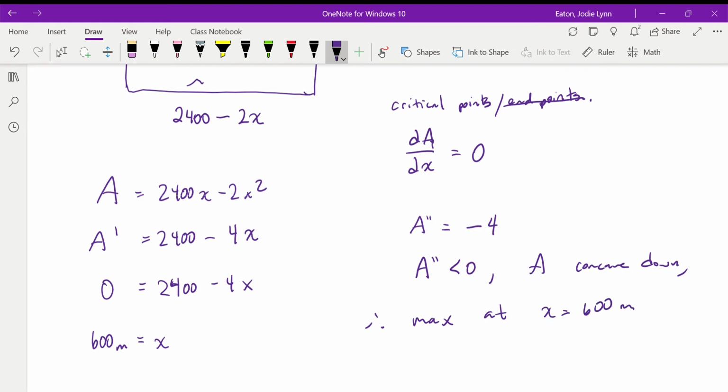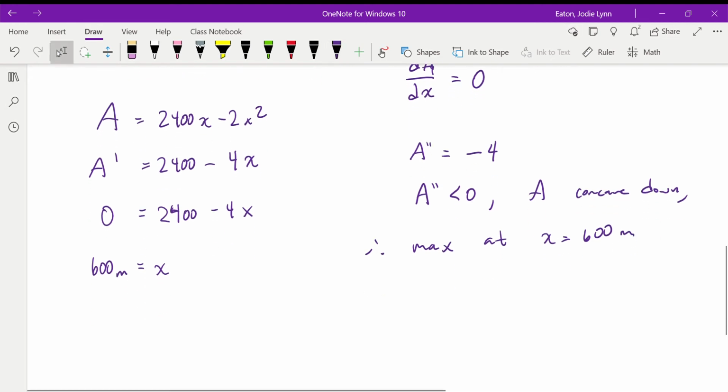But we haven't answered our question fully yet, because we're asked for the dimensions. So we also need to figure out what 2400 minus 2x is.